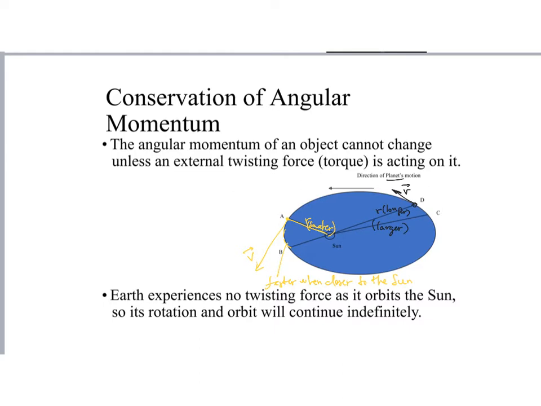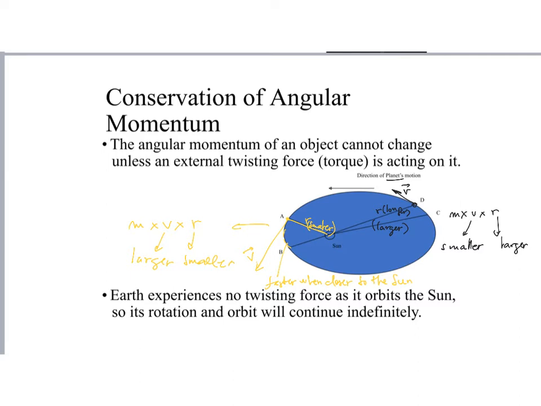So what do we have here? Here we have m times v times r, right? Here is also m times v times r, but this radius is small and the velocity is large. While here, the radius is large and the velocity is smaller. It's all by comparison.